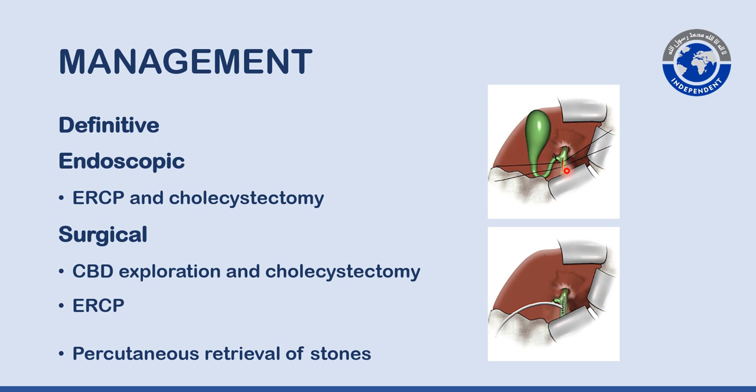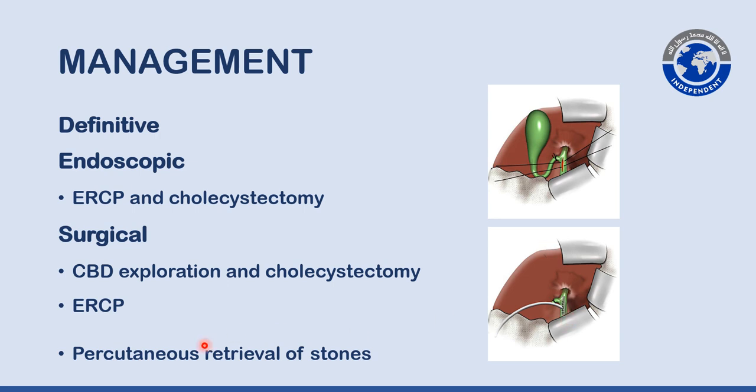You can see here, distal to the joint with the cystic duct, the supraduodenal part of the CBD is opened, explored, and cleared of any obstruction and stones, and then a T tube is left inside there, which can be used to image later on.